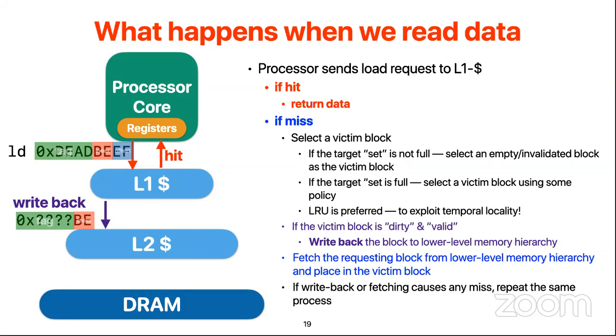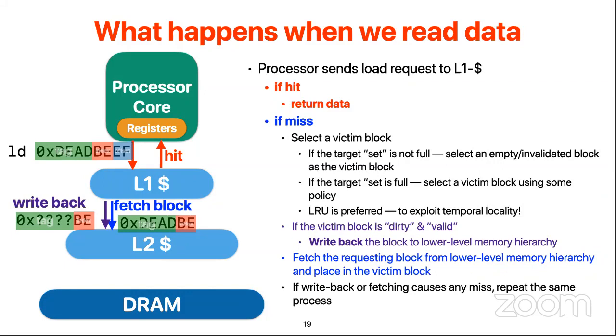We have to write it back, meaning that you have to preserve that update in another place first, and that behavior is called write back. So if the victim block that you selected is dirty and valid, you have to write it back first. And then you can fetch the block that you are requesting from the lower level memory hierarchy.